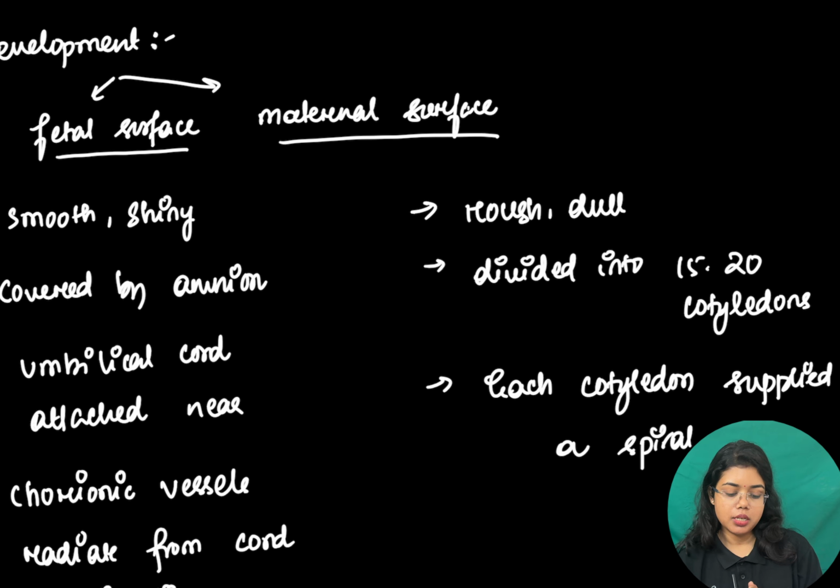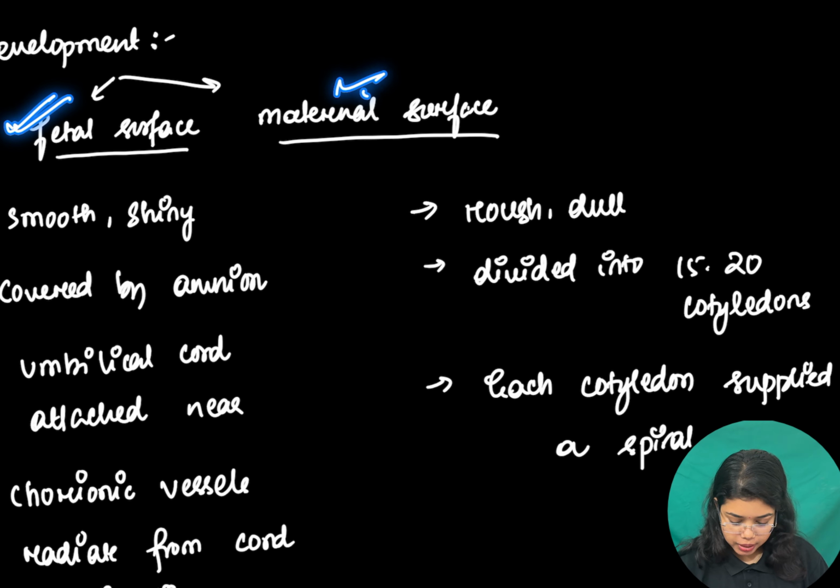The maternal surface is attached to the uterus, and the fetal surface, through the umbilical cord, is attached to the fetus. I'll show you the pictures I took during the delivery.